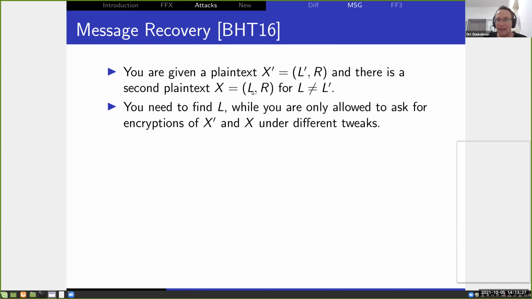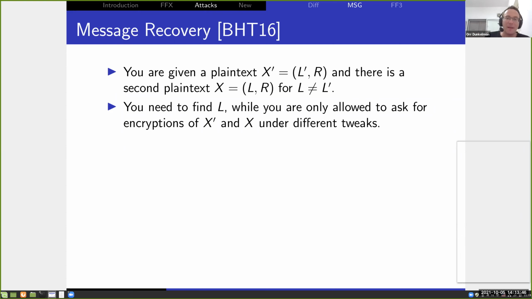And I'm not telling you L. The game is as follows. You can come to me and ask me to encrypt X and X prime under different tweaks. And I'm giving you ciphertexts.